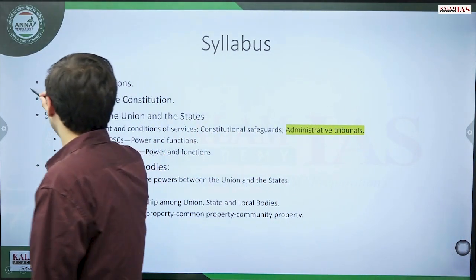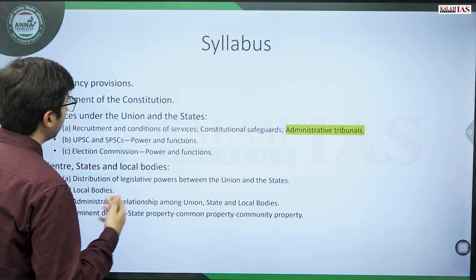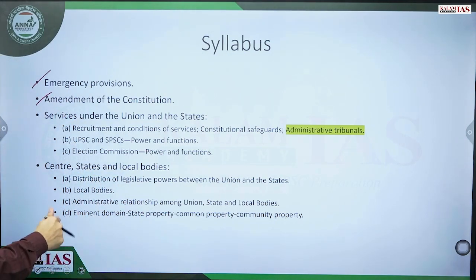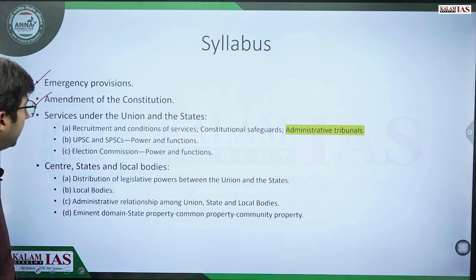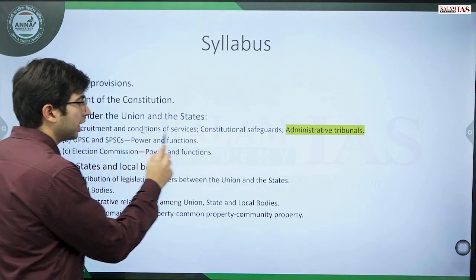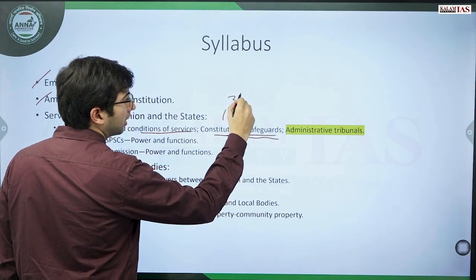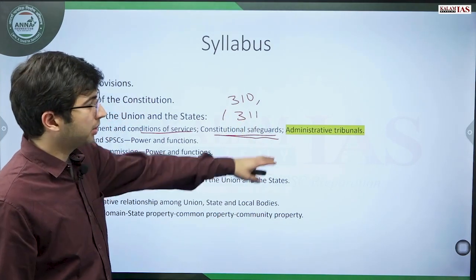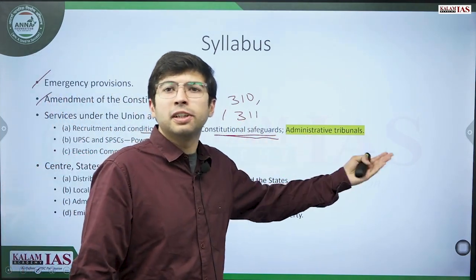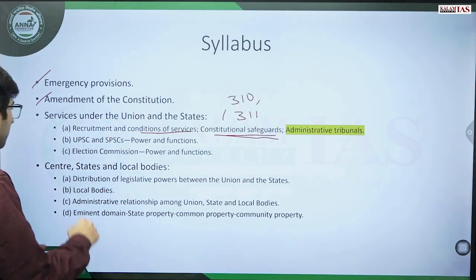There are emergency provisions and amendment of the constitution, both very important parts in the constitution. The role of services under the union and the states, the recruitment, conditions of service, and constitutional safeguards, which is Article 310, 311. Administrative tribunals is also mentioned, but we will discuss that in administrative law within the same course itself.